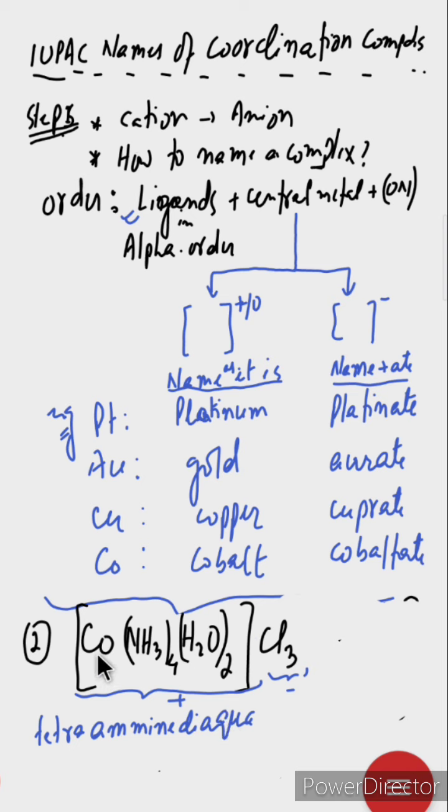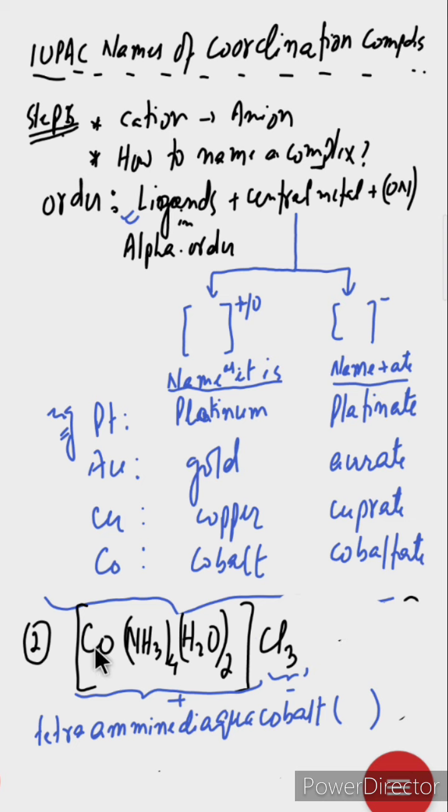Then we must write the name of the central metal. After the ligands we must name the central metal, which here is cobalt. Because the charge of the complex is positive, we must name the central metal as it is, so cobalt only, and then the oxidation number. Let me calculate the oxidation number.